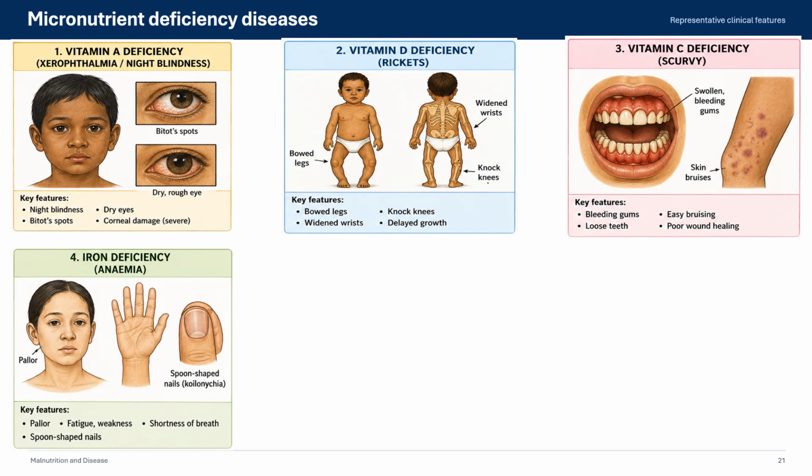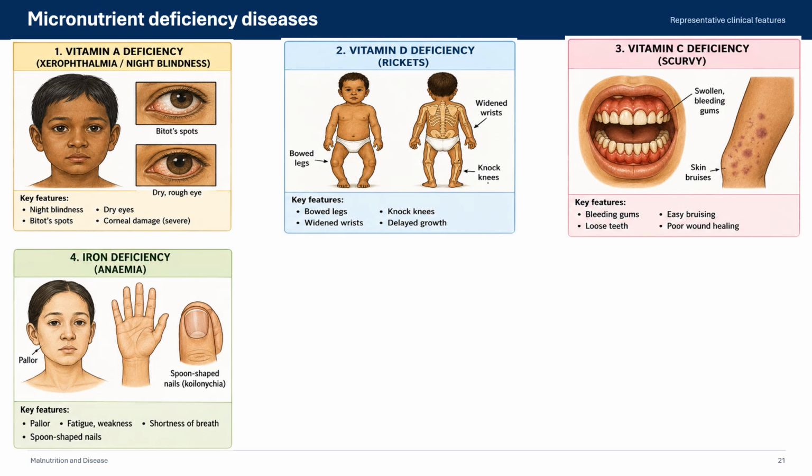Hence, its deficiency generally causes iron deficiency anemia, characterized by fatigue, pallor, weakness, dizziness, reduced work capacity, and formation of spoon-shaped nails.